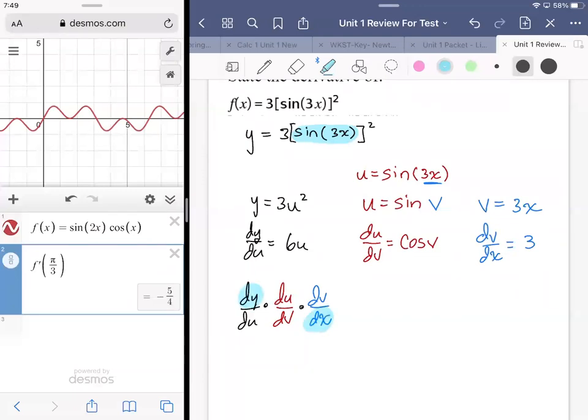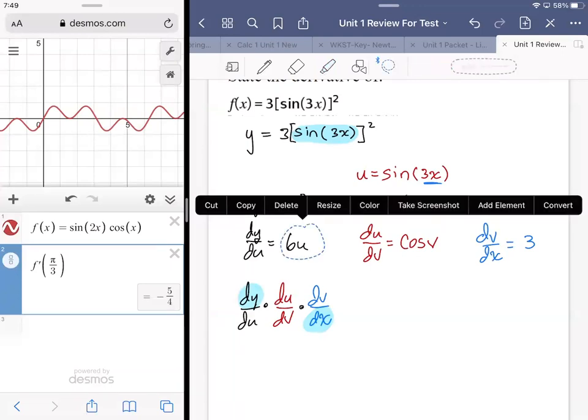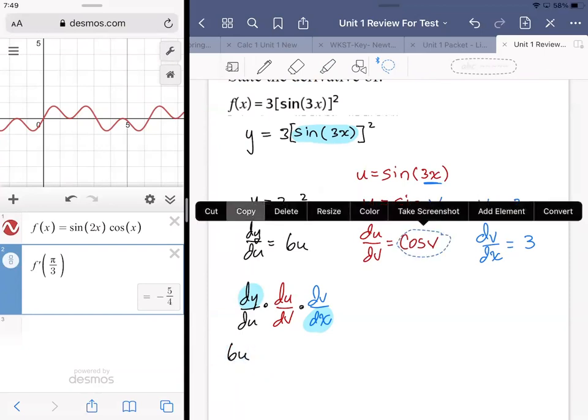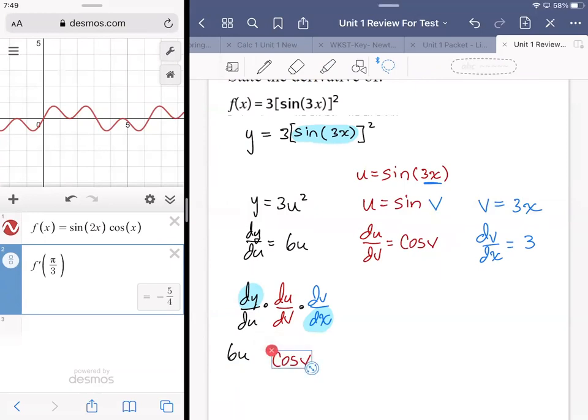So what that's telling me to do is take my answer for dy/du, multiply it by my answer for du/dv, and multiply that by my answer for dv/dx. And the result is going to be equal to dy/dx.